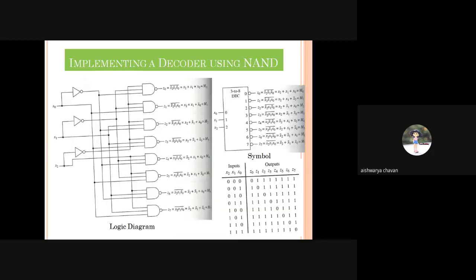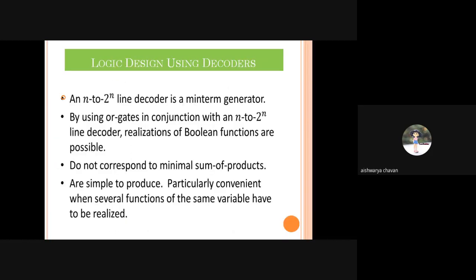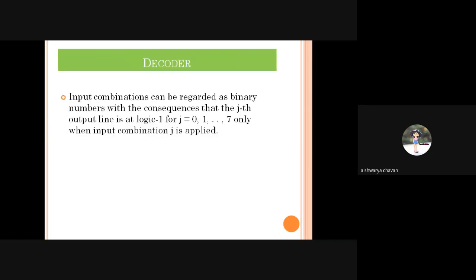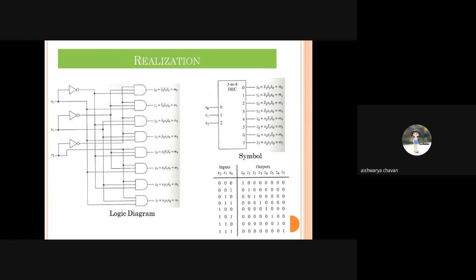Okay. Then this is the implementation of a decoder using the NAND gate. When we are using the NAND gate, it should be exactly opposite to that of the AND gate. So here you can observe in this truth table that we are representing this by using the AND.